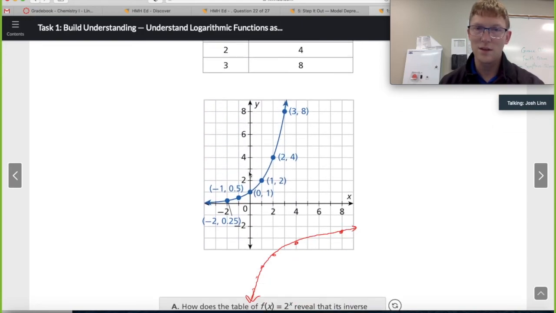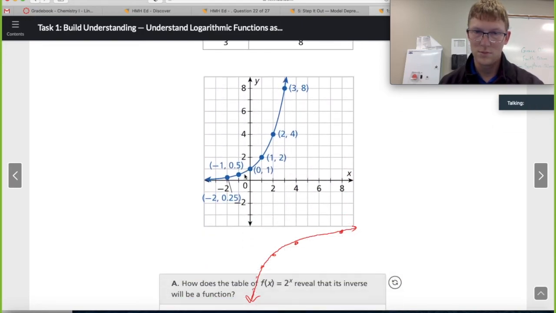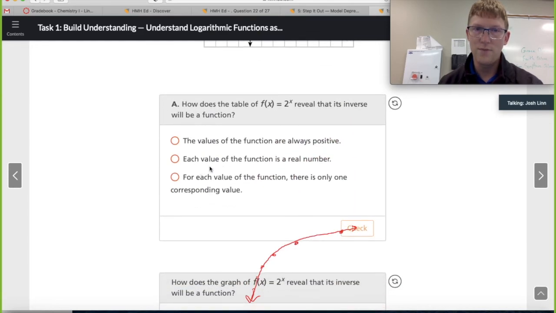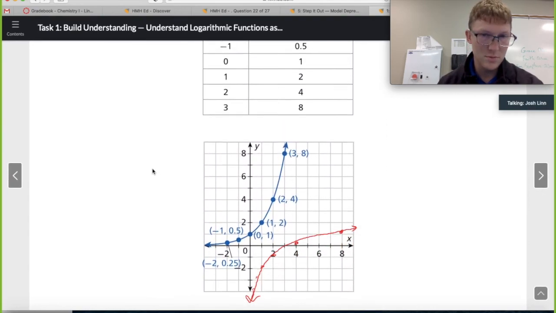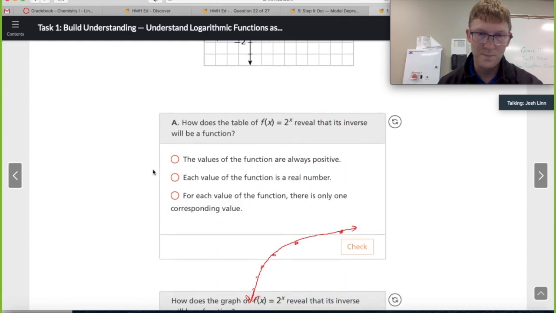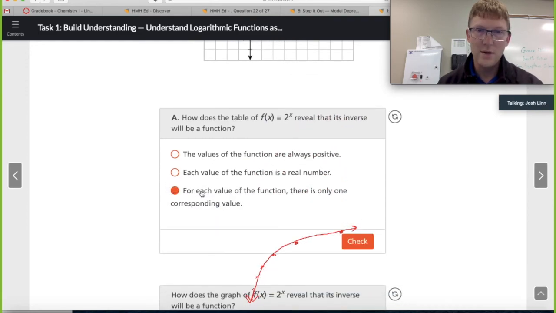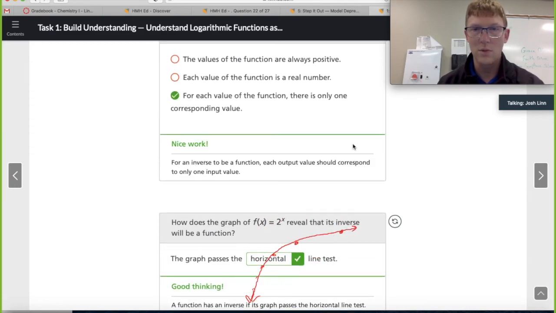Well, we know that that's not the case. For each value of the function is a real number. So that's technically true, but not relevant right now. So for each value of the function, there is only one corresponding value. So that 1-to-1 ratio that I was talking about.